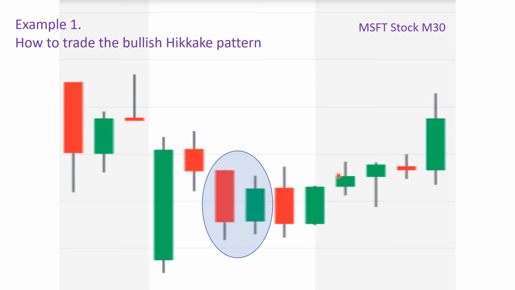As soon as the price breaks the inside bar high, you can enter the trade right there and put your stop loss at the lowest point in the Hikkake pattern. That's how you place a trade in the bullish Hikkake pattern.